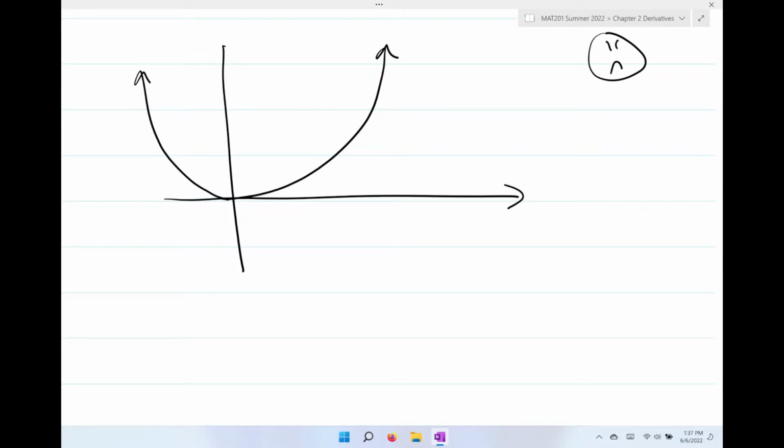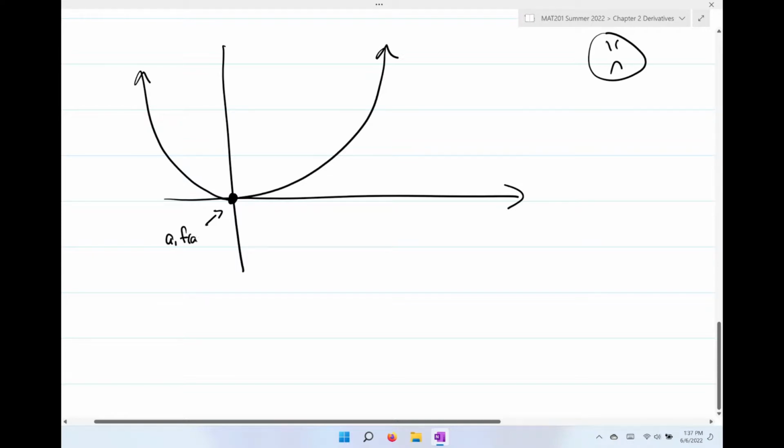But here's what's happening here. This is going to be the point right here. We're going to call this A, comma, f of A, just an arbitrary point. It's going to be the very first one that I see. Now, here is going to be another point. However, notice that I went from a, f of a over on the x-axis to the second point in the positive direction, so I'm going to call that plus h.